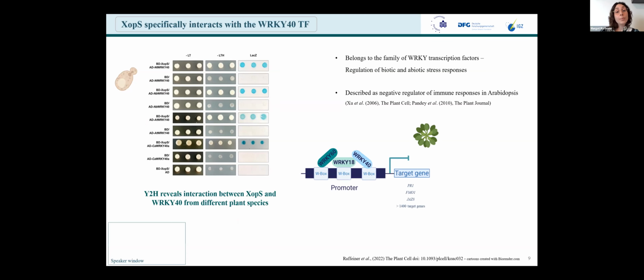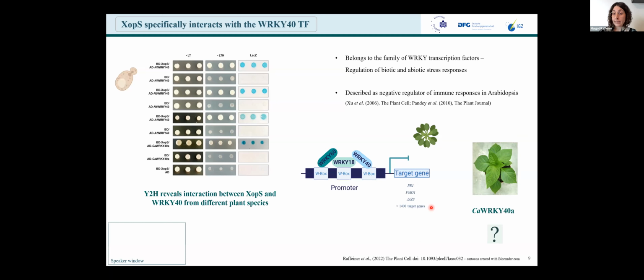For the Arabidopsis WRKY40, it has already been shown that it acts as a negative regulator of immune responses, because it is able to repress the expression of defense target genes together with the WRKY60 and WRKY18 transcription factors. But is this negative regulatory behavior also true for the pepper WRKY40A transcription factor that was identified as an interactor of XOP-S?